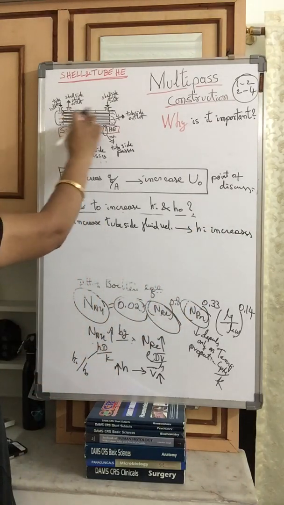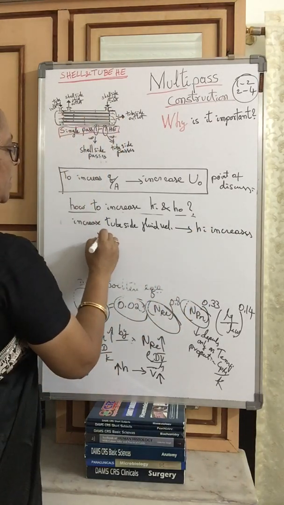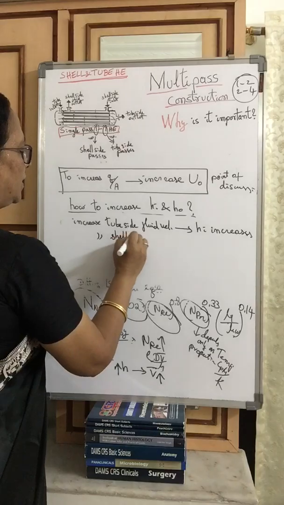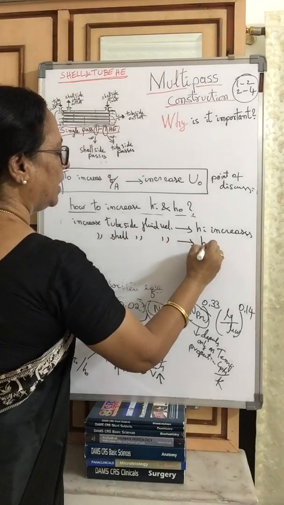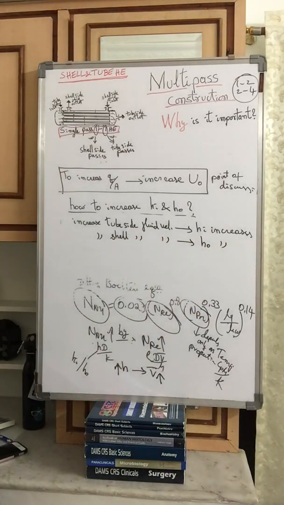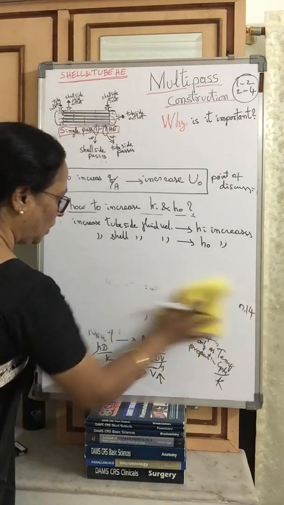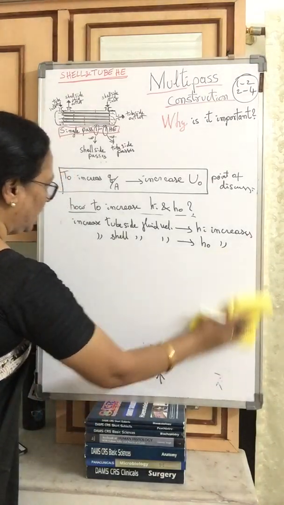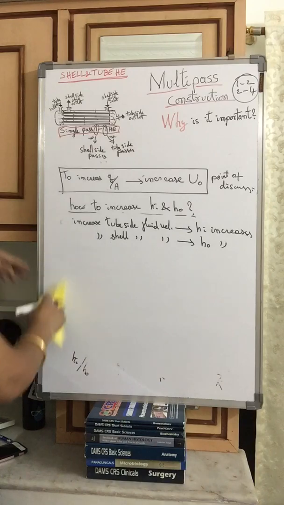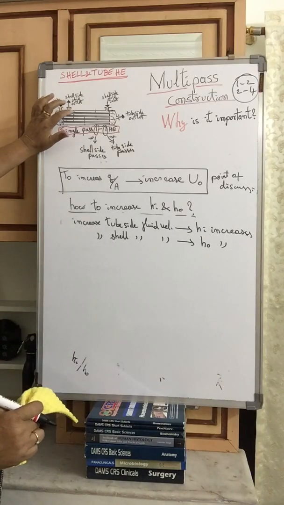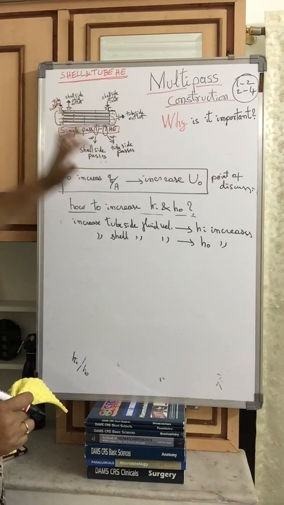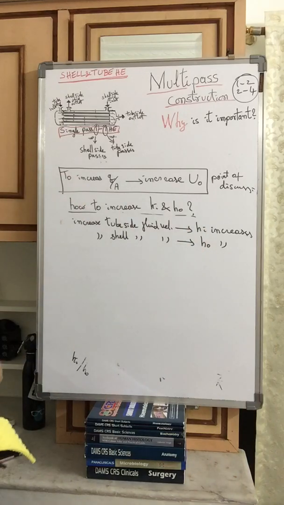Okay? HI will increase. In the same way, if you increase the shell side fluid velocity, H naught increases. So now we understood that by increasing the velocities of the fluids, you can increase HI and H naught.